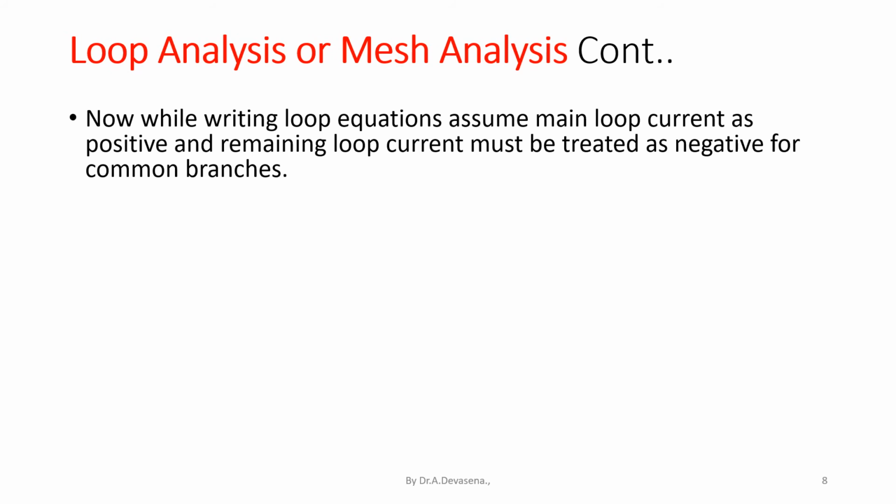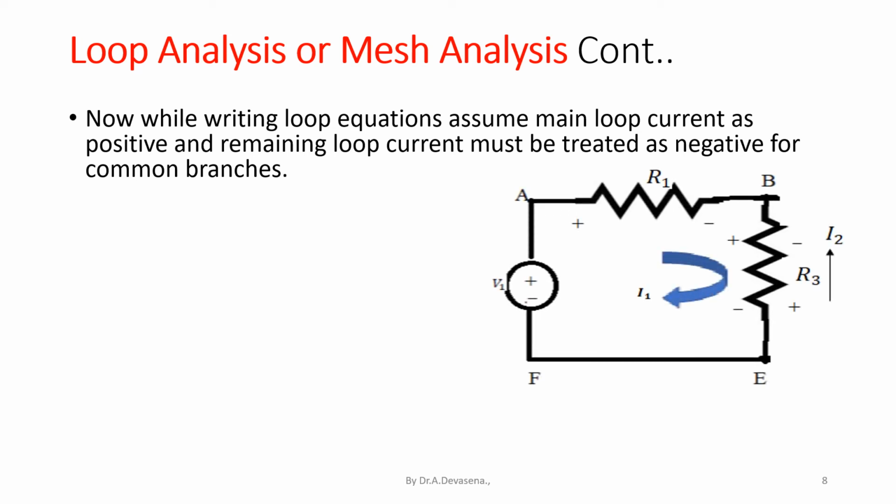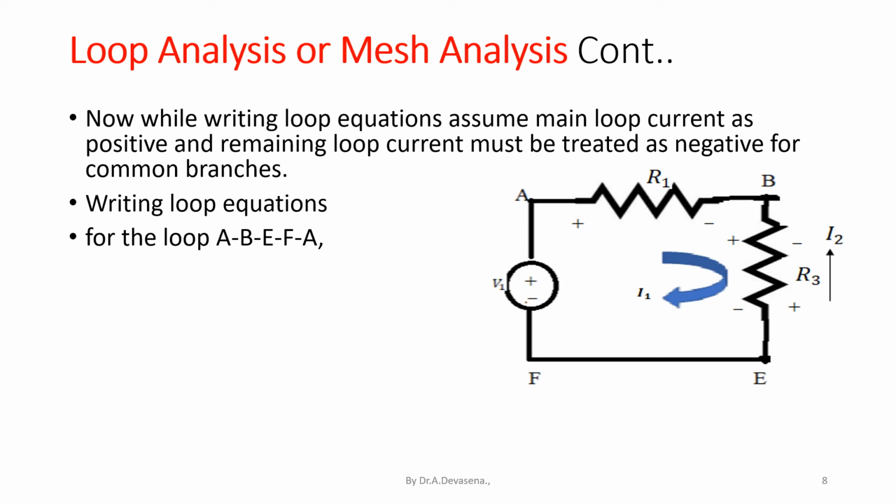Now, while writing loop equations, assume the main loop current as positive and the remaining loop currents must be treated as negative for common branches. The diagrammatic representation of a single loop is shown for writing loop equations. For the loop A, B, E, F, A, the equation is minus I1R1 minus I1R3 plus I2R3 plus V1 is equal to 0.